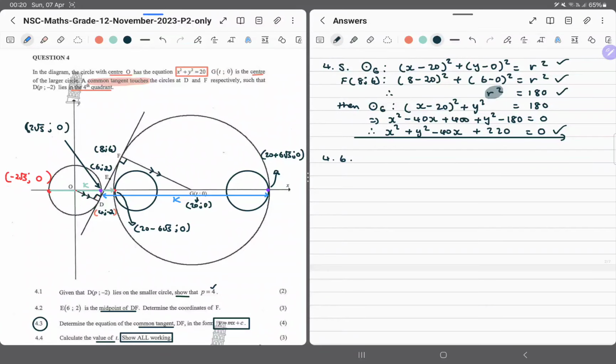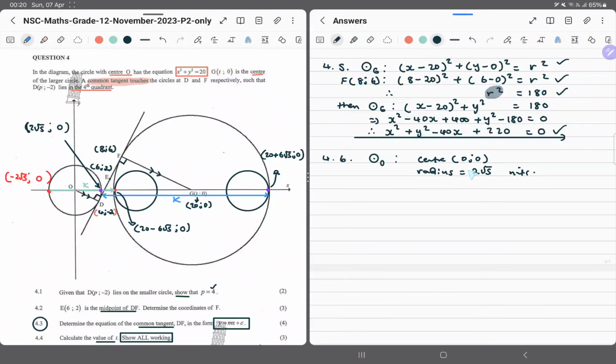So maths is a logical subject. So we can just simply say, look guys, the smaller circle, whose center is the origin, is such that the center is (0, 0) and the radius is equal to 2 root 5, because that's the square root of 20 units.